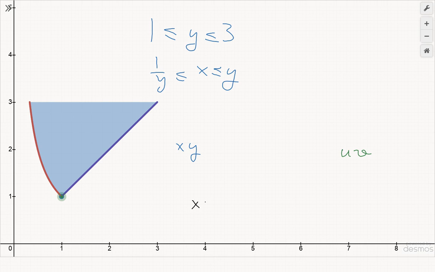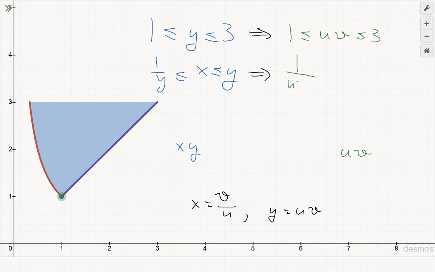So if x is equal to v over u, and y is equal to uv, then these inequalities we can just substitute in to get, okay, 1 has to be less than or equal to u, v has to be less than or equal to 3, and then here 1 over uv has to be less than or equal to v over u has to be less than or equal to uv.